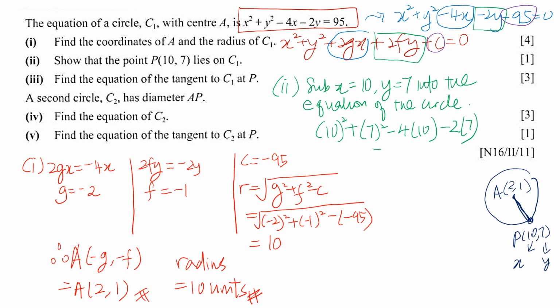And this, if you use your calculator to work this out, you actually get 95, which is the value you get on the right hand side of the equation. All right, so we need to do an explanation. You can just leave it like that and say, oh, the point lies.